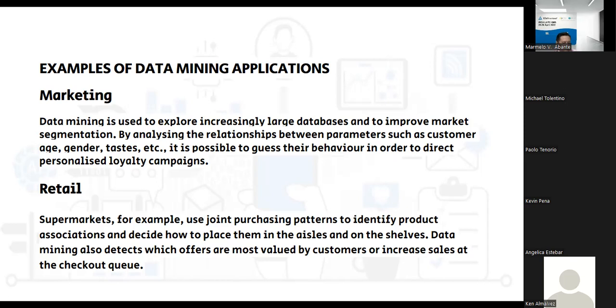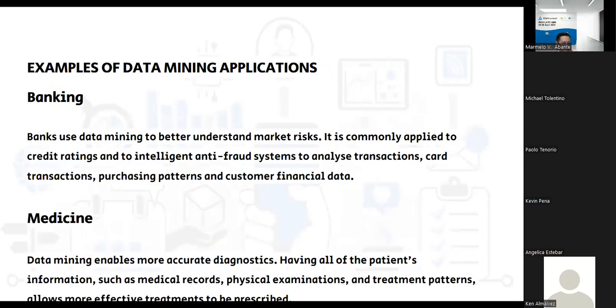Second is retail. Supermarkets, for example, use joint purchasing patterns to identify product associations and decide how to place them in the aisles and on the shelves. Data mining also detects which offers are most valued by customers, or increase sales at the checkout queue. On banking, they use data mining to better understand market risk.